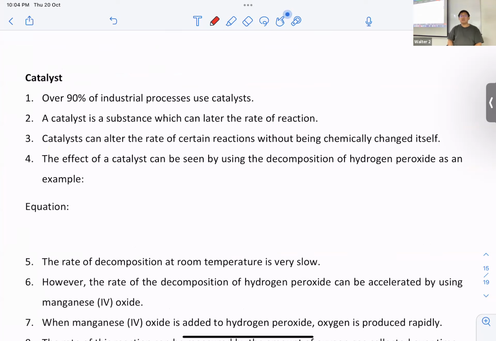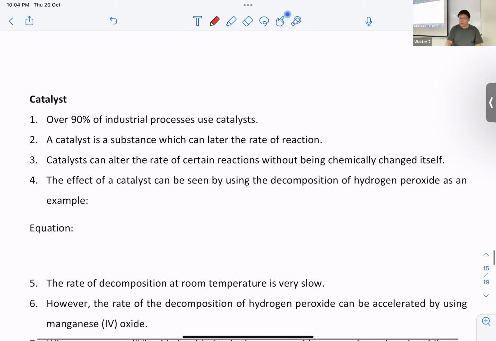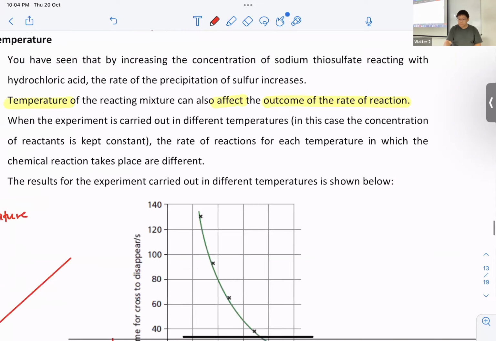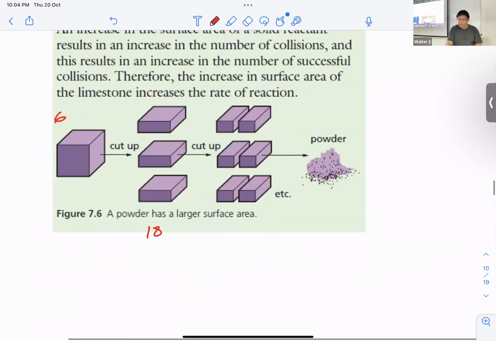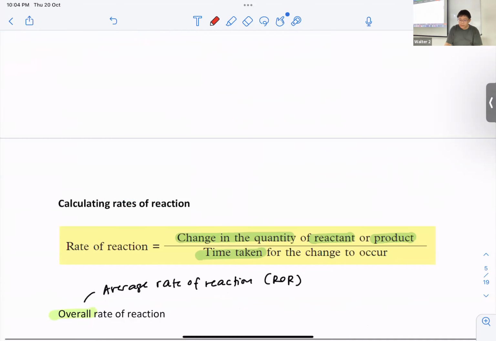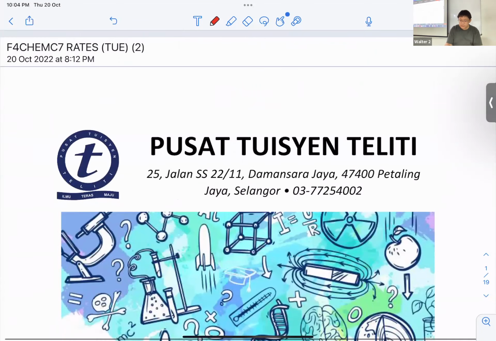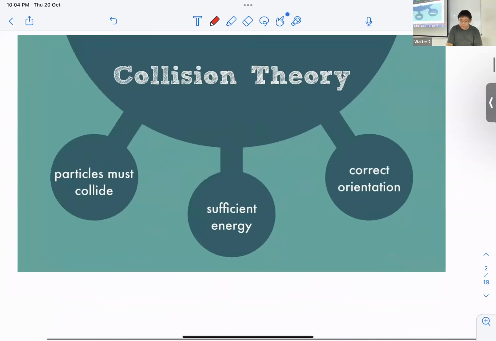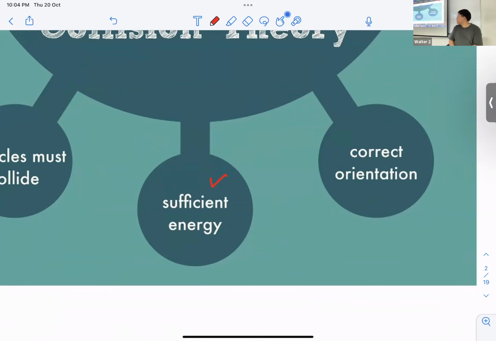What is activation energy? The minimum amount of energy required for the reaction, correct. If you go back to the front page, remember me telling you about this sufficient amount of energy.